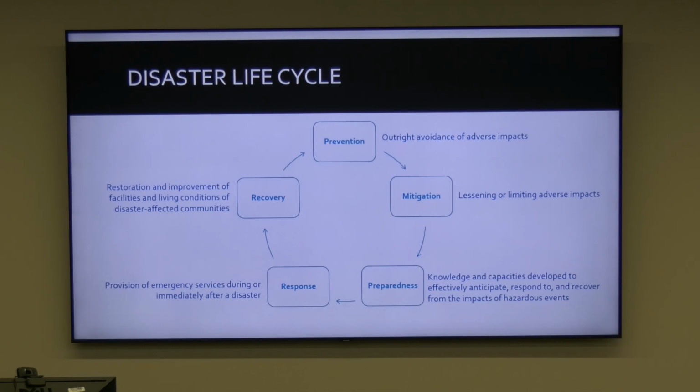This is the largest portion of most disaster life cycles. A lot of times you cannot prevent or mitigate a lot of dealing with natural disasters, but having that knowledge and capacity to be able to anticipate and respond to a disaster is the most important part of disaster medicine.